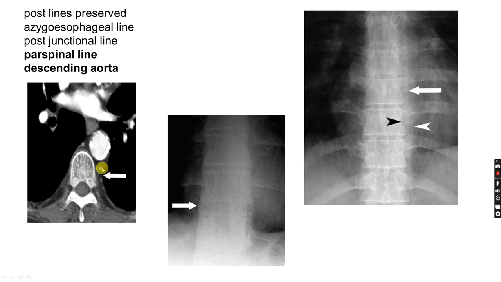So on the left side we can see this paraspinal line better, and lateral to that the lateral border of the descending thoracic aorta. We will see the same on the frontal chest radiograph. This is the right lateral border of the vertebra. This is the left lateral border of the vertebra. Lateral to that there is a paraspinal line, and lateral to that there is a descending thoracic aortic border.